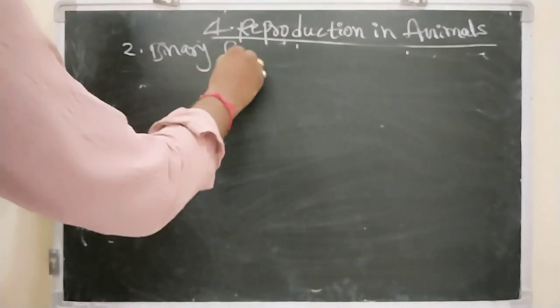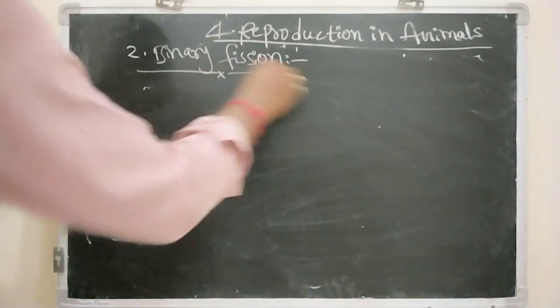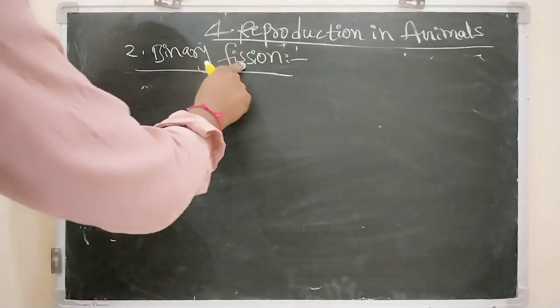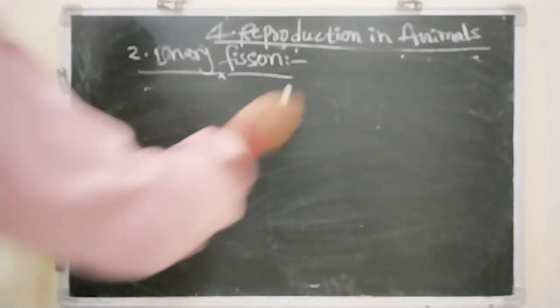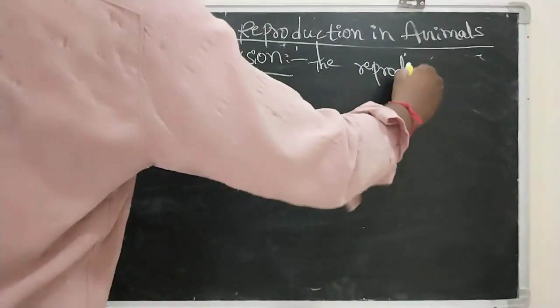Next, binary fission. The name itself indicates: fission means dividing, binary means two. This is a type of asexual reproduction.